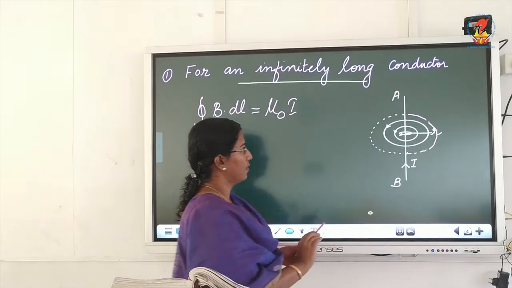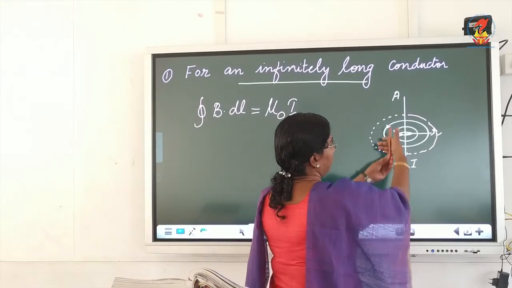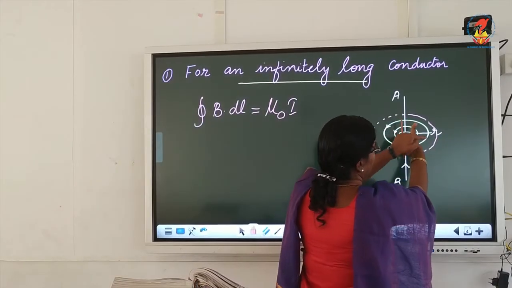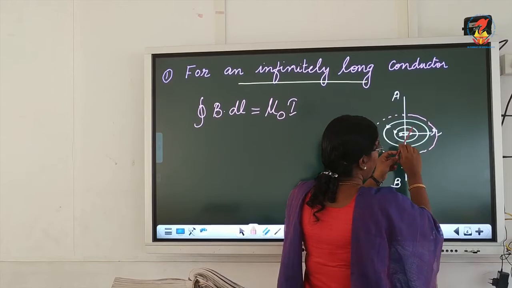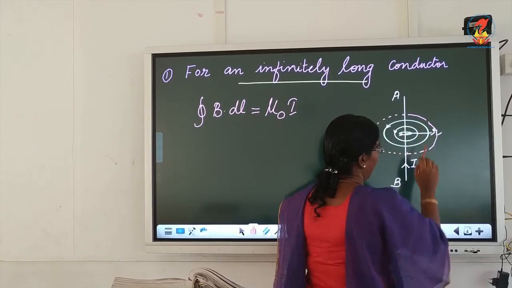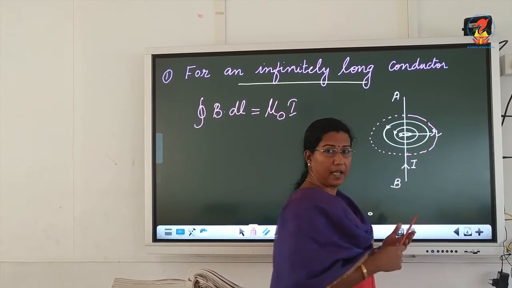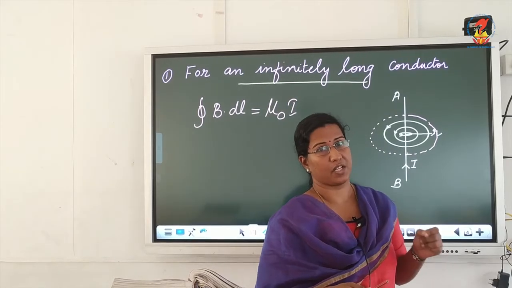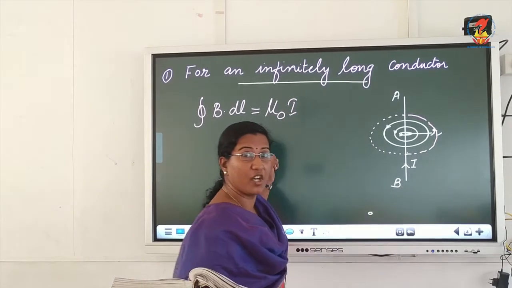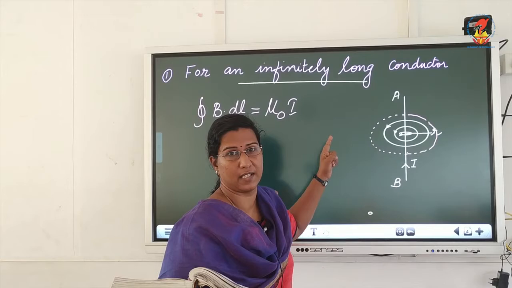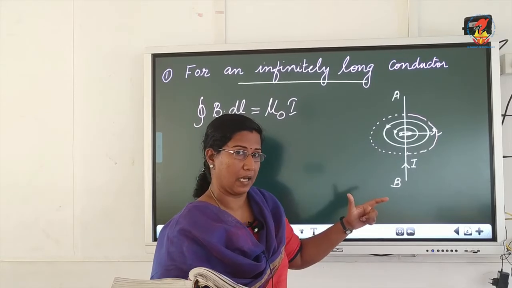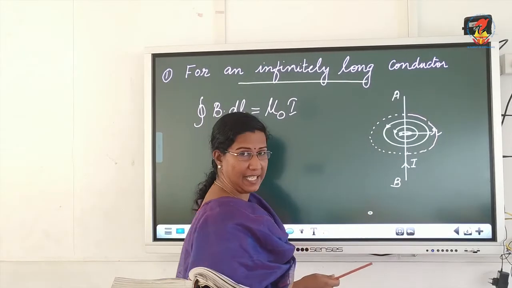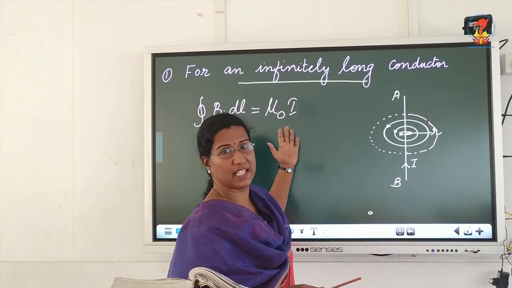Now, I told you current is flowing in the upward direction and the field is around the conductor. If I want to find the field at this particular point, I can use Ampere's Circuital law. But we have to take direction into account also, because it is B dot dl, B dl cos theta. So I must know the angle between B and dl when deriving the expression.